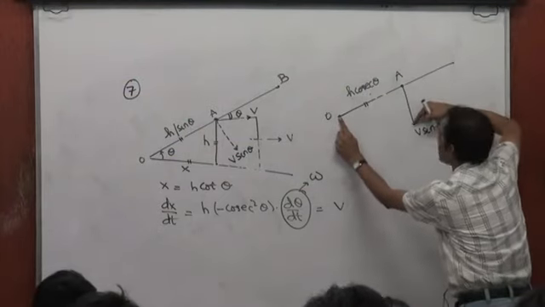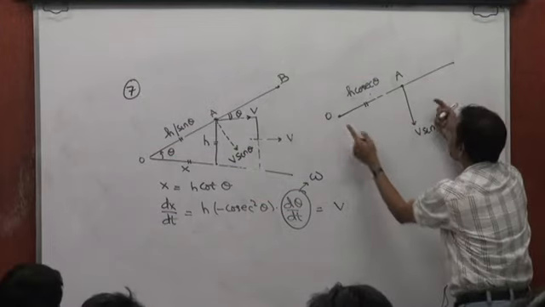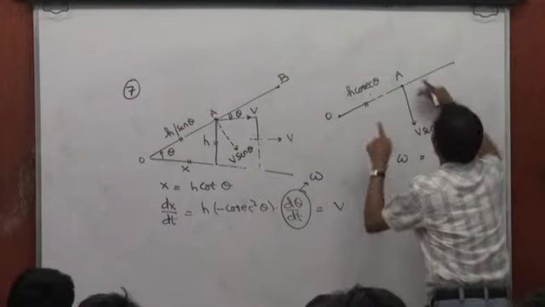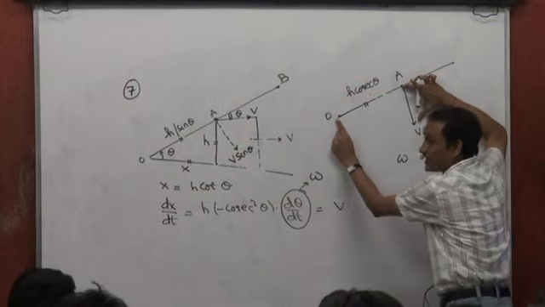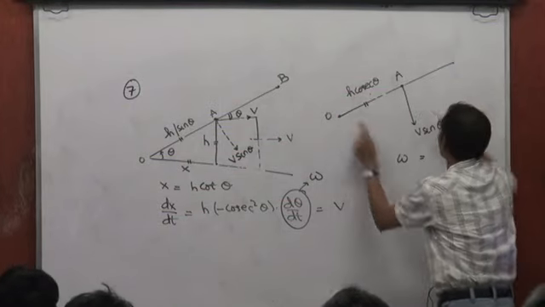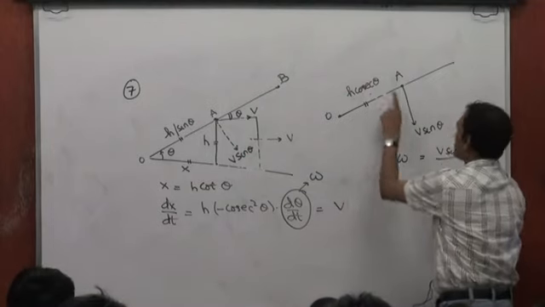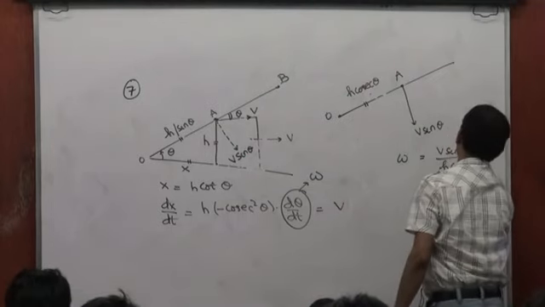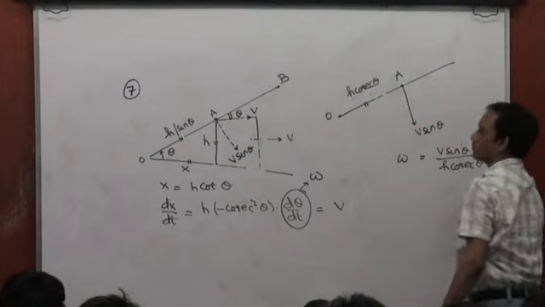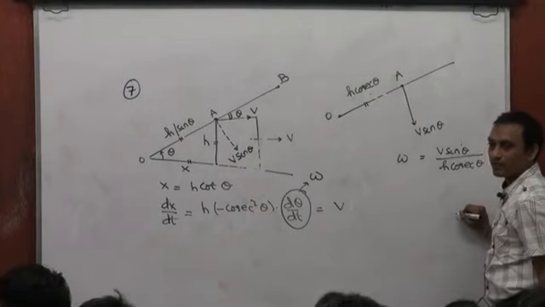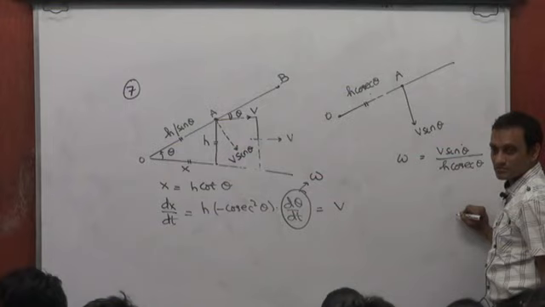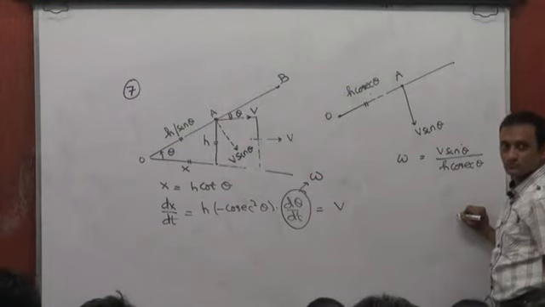Velocity of this point perpendicular is v sine theta. So then the omega of the rigid body is what? Relative velocity of any two points in a direction perpendicular to the line joining them, which is v sine theta, divided by the separation, which is h cosec theta. That's the omega, right? That's another way you could look at it. Got me?